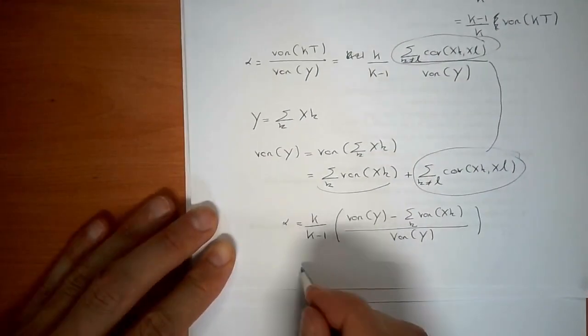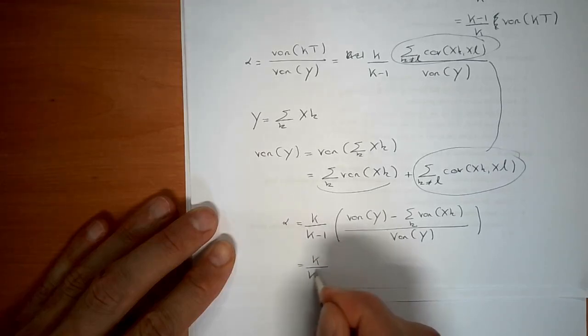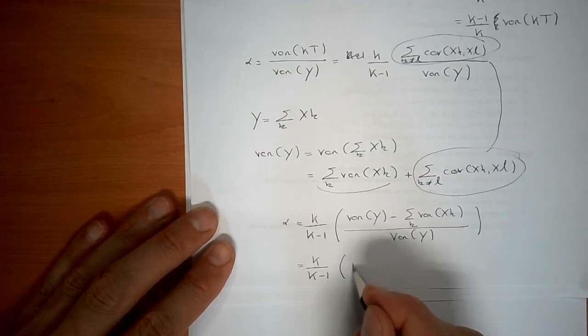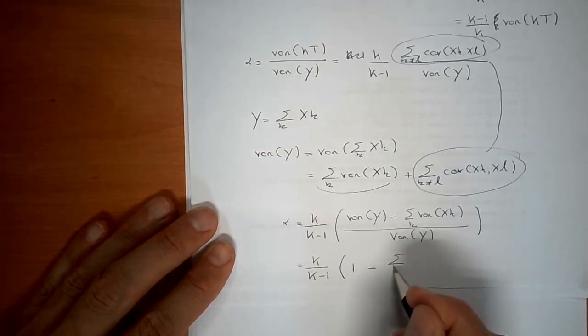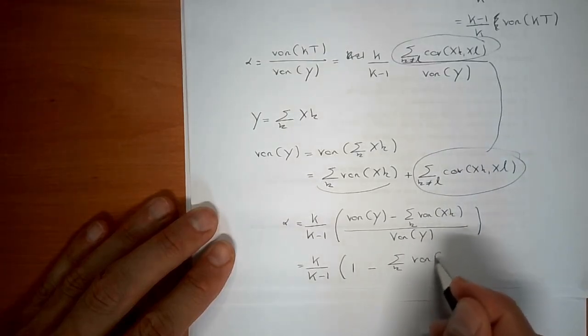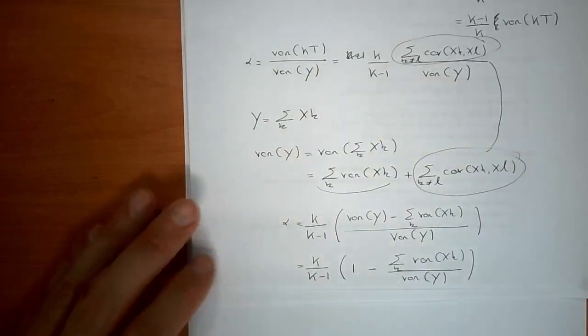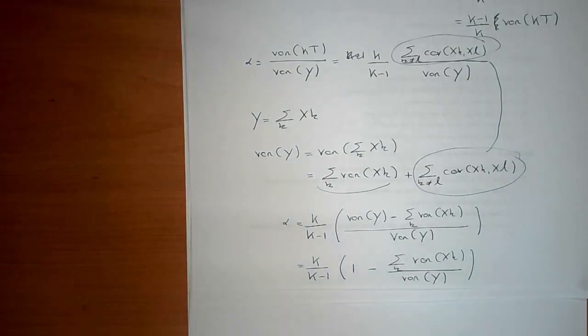And now the only thing left to do is to simplify. Here this is 1 minus the sum over k of the variances of all the xk's divided by the variance of y. Okay, so this is how you get to the formula for Cronbach's alpha.